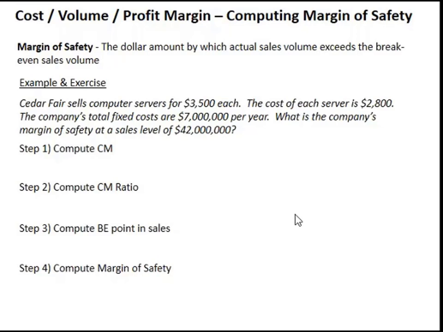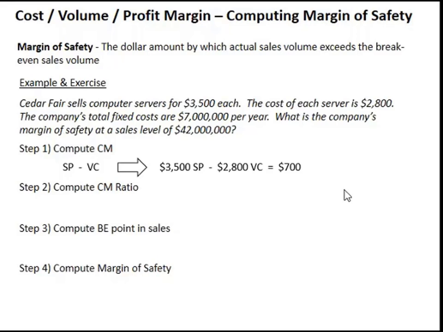Let's start off with step number 1. We need to calculate the contribution margin. Our contribution margin is our selling price minus our variable cost. The selling price per unit is $3,500 and our variable cost per unit is $2,800. So we have a $700 contribution margin.